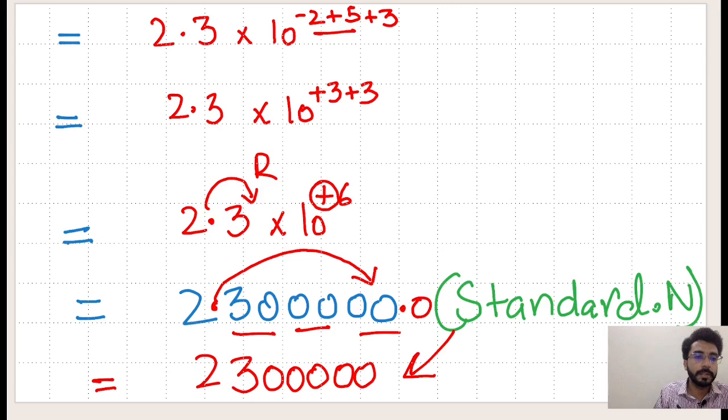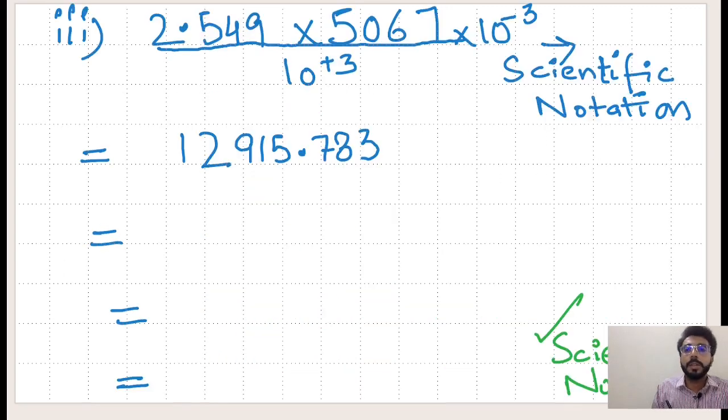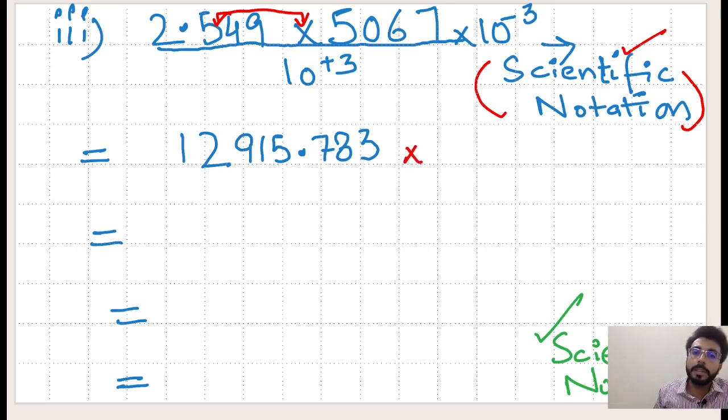So let's move to the next part, number 3. We have to write the final answer of this part in scientific notation. First of all, we multiply these two numbers. We get the answer 12915.783. Then move this 10 raised to power 3 to the other side. The sign of the exponent will be changed.